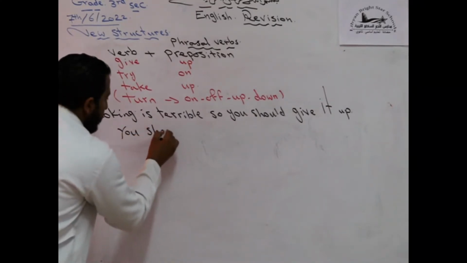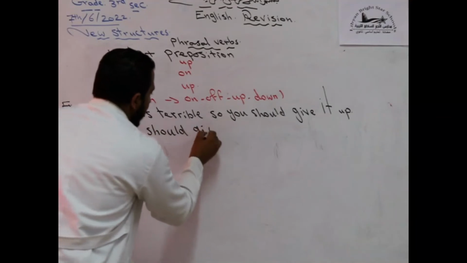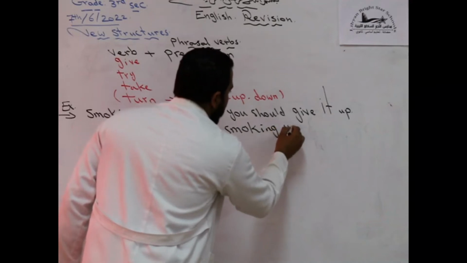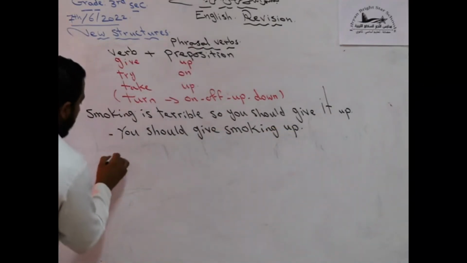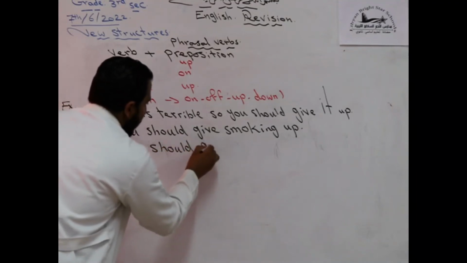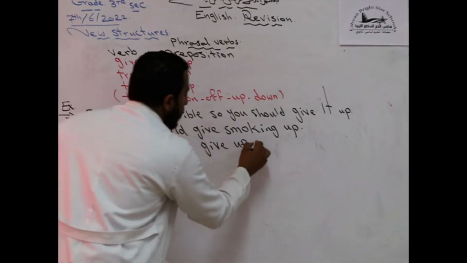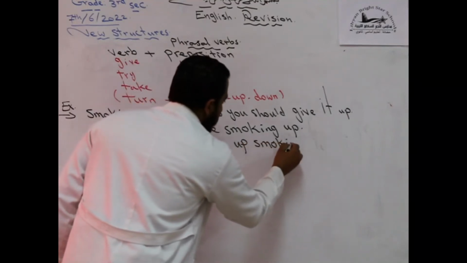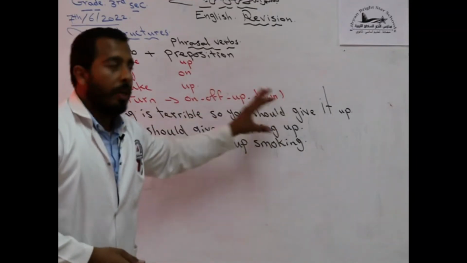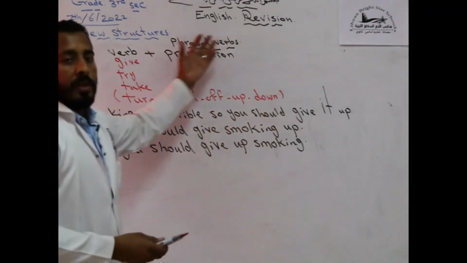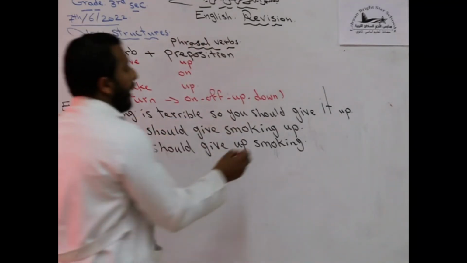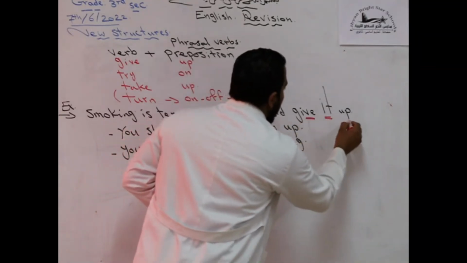You should give smoking up. You should give up smoking. If you understand the three examples here, you already understood the phrasal verbs and how to use them. Smoking is terrible. You should give it up.